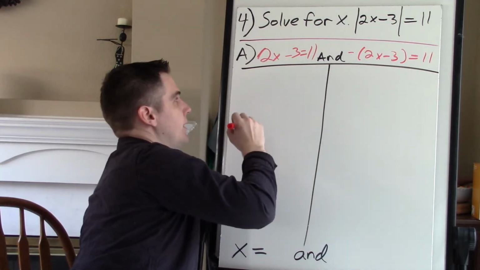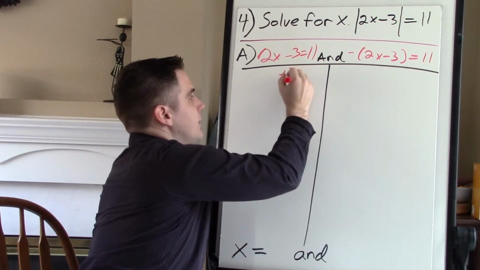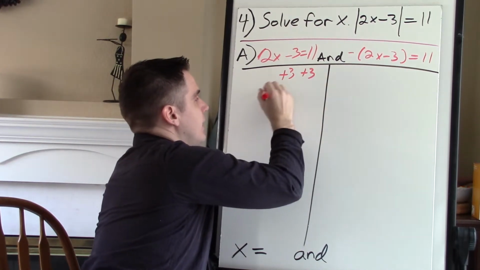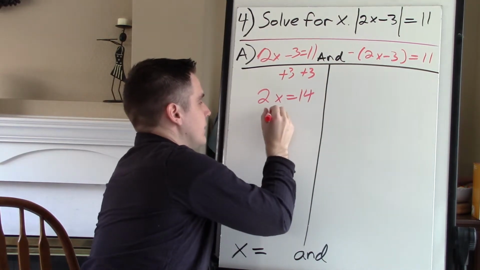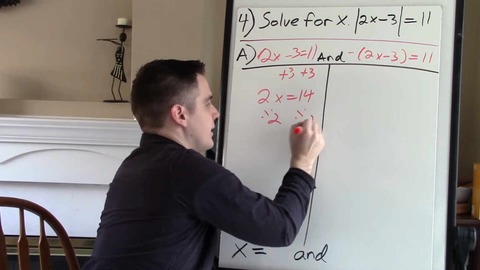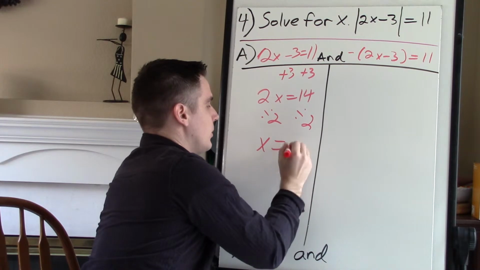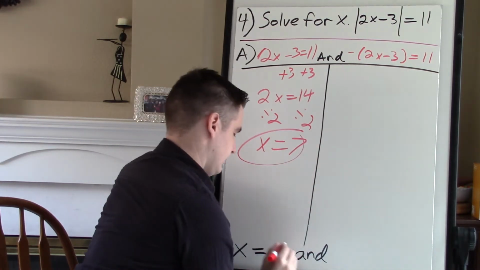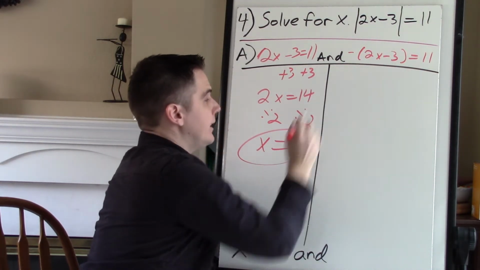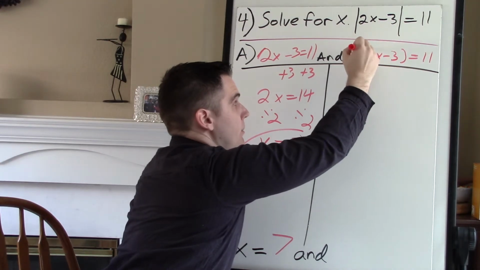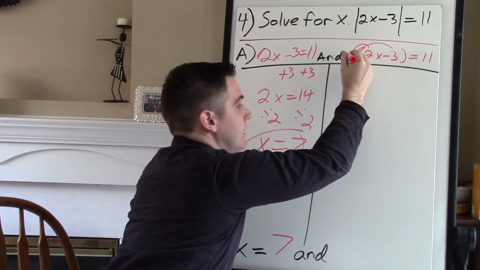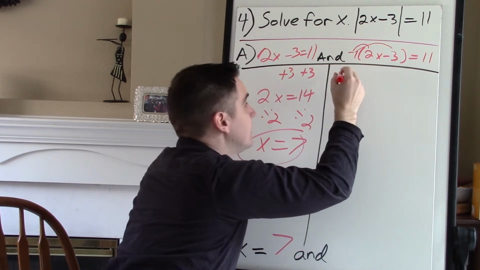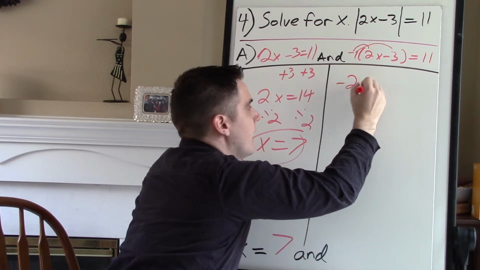Alright, so we'll solve over here, the easy one first. Plus 3, 2x equals 14. Divide by 2, divide by 2. x equals 7. And over here, first we have to distribute. So negative, remember, hidden 1 times 2x, ninja 1, negative 2x.